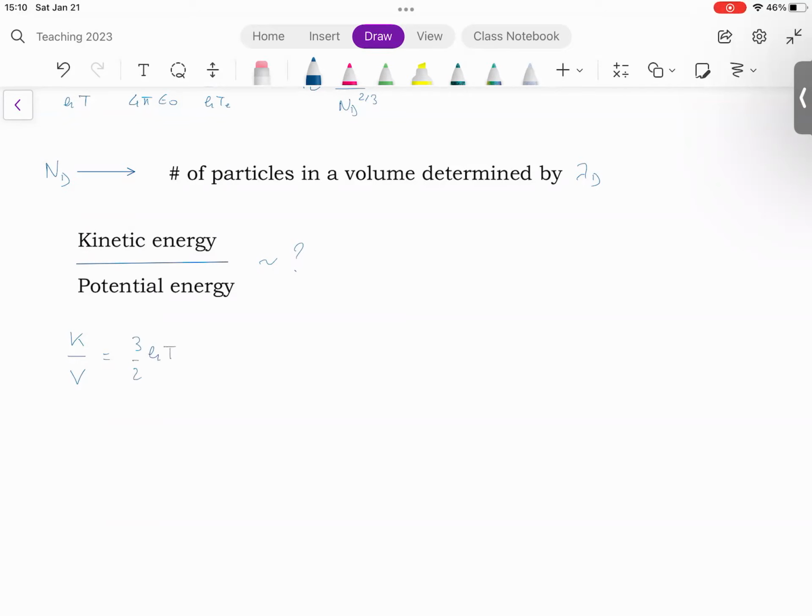I'm going to have 3/2 kT for the kinetic energy, and this multiplies for the potential energy. I'm going to have e squared, and try to have a straight line. And in the denominator, I'm going to have 4 pi epsilon naught times R, where for R, I'm going to put an average sign. Those two brackets you're familiar with for sure indicate averages.